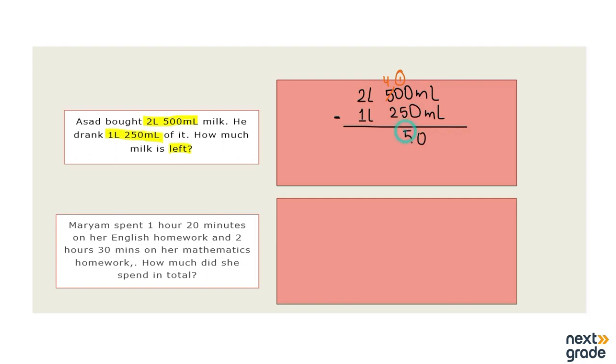So we write over here 5, and then 4 minus 2 is 2. So we have 250 milliliter over here, and then 2 minus 1 is 1. So it's 1 liter 250 milliliter.